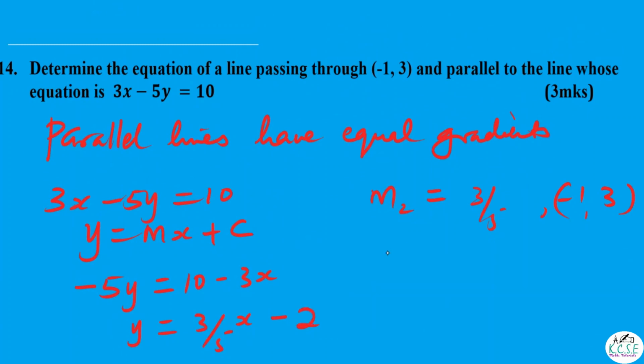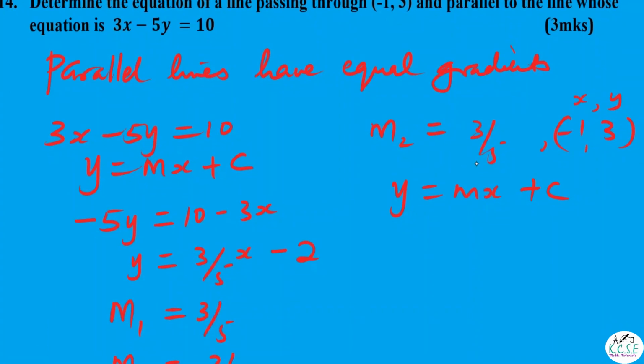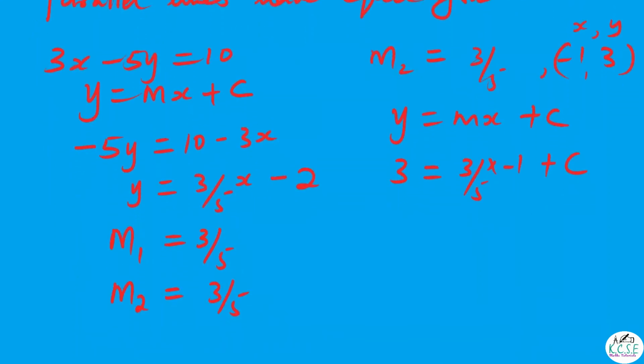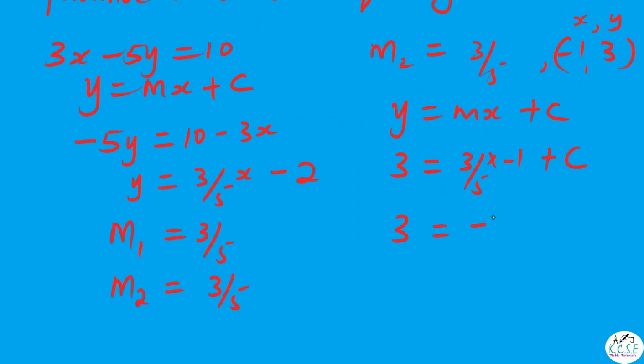So to get the equation of that line in the form y is equal to mx plus c, we shall use these 2 points. So -1 will be the x coordinate, then 3 will be the y coordinate. We substitute these values, gradient, x and y, in this equation. We get 3, the y, is 3; gradient is 3 over 5, x is -1, and then c is what we are looking for. So this will give 3 is equal to -3 over 5 plus c.